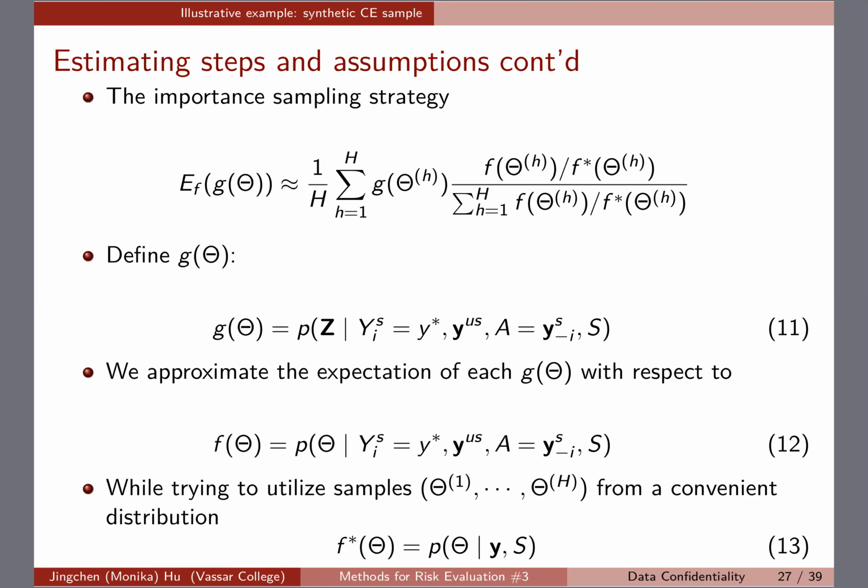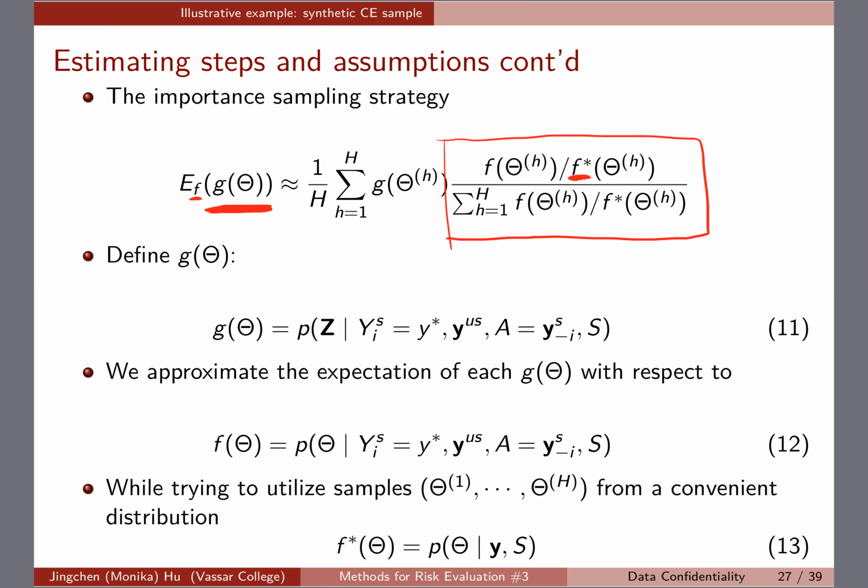Okay, so the importance sampling strategy we know is that we are trying to estimate the expectation of g theta with respect to an unknown distribution f. The unknown distribution f might not be easy to get, but we have a convenient f star distribution that can be used as a proposal distribution, and it is this ratio. You can think of this as weights, right?